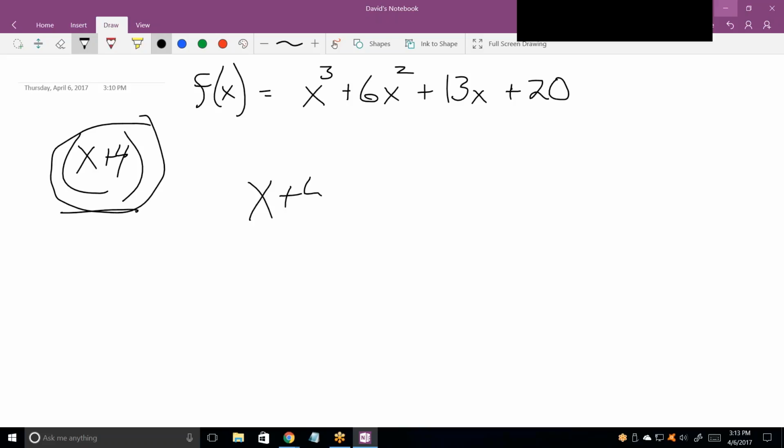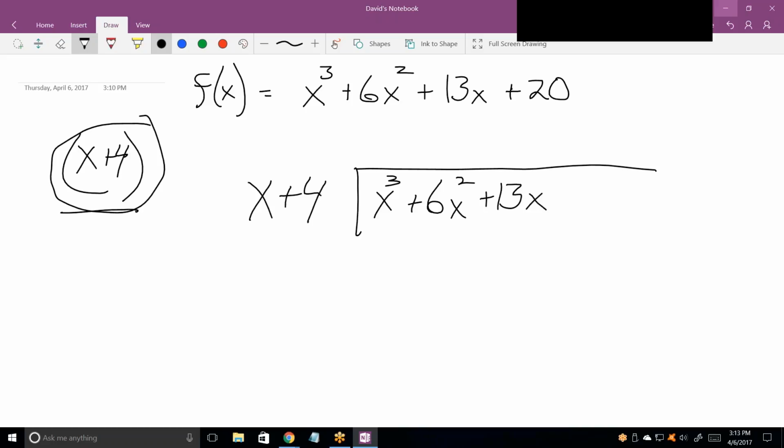Long division is just like any other long division, only there are a few more steps. Well, here, let's just go. This is an easy one because there's nothing missing. If we did not have a 13x, we would need a dummy 0 there.